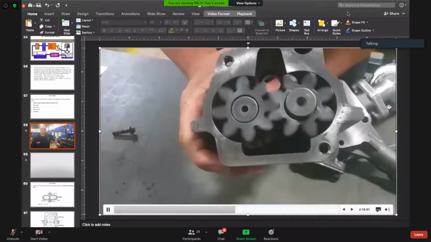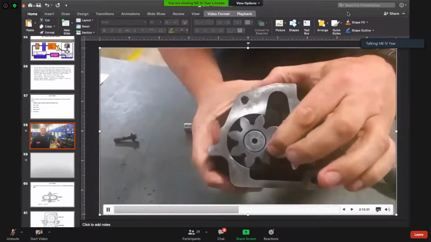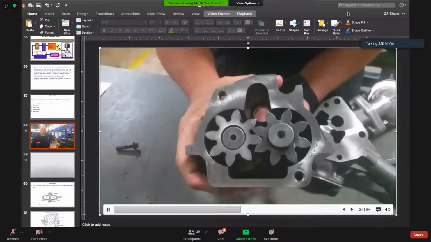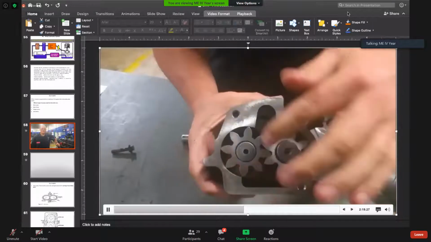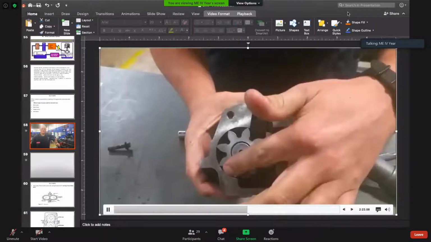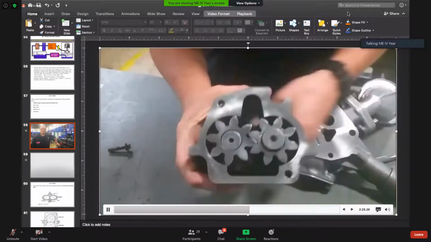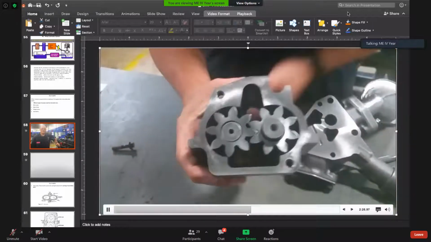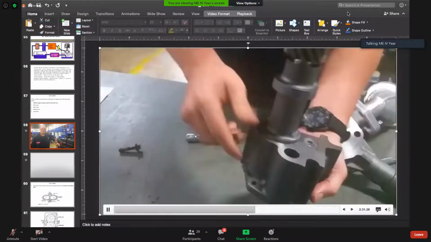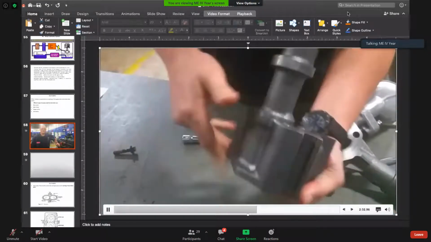Now, you would think that the oil is pushed through the gears to create pressure for the system. That's incorrect. The actual oil is pushed along the walls of the pump to create the pressure. The gears move in that direction, and as the oil comes out, it pushes out and pushes in to the inlet or the supply.